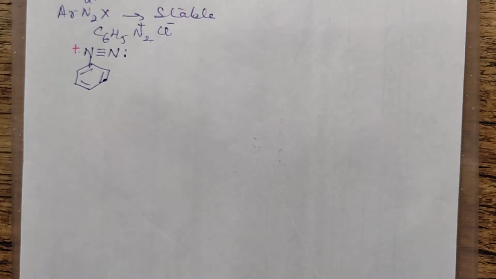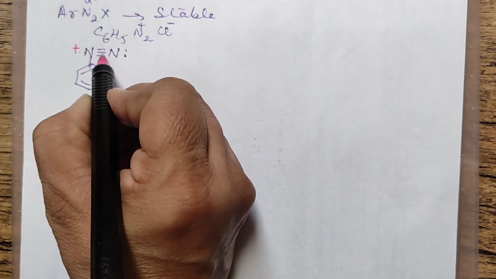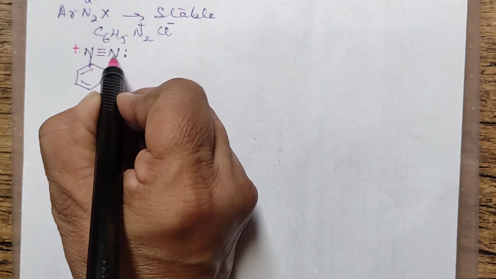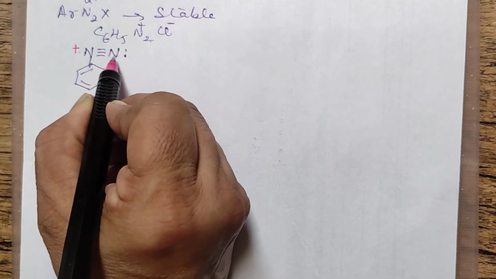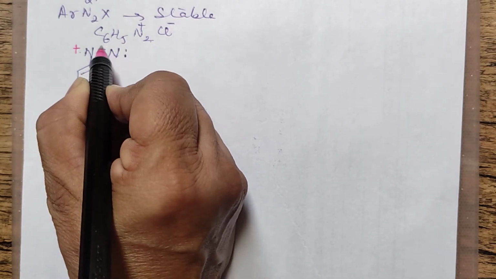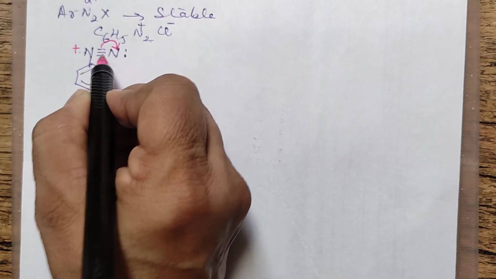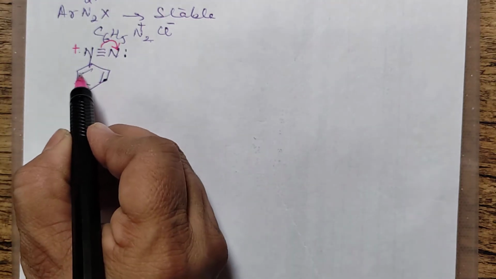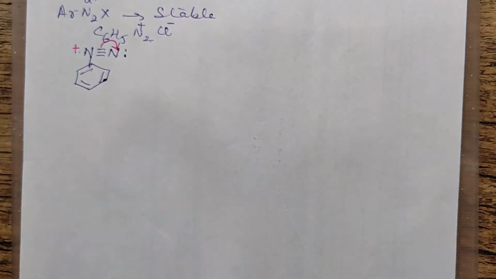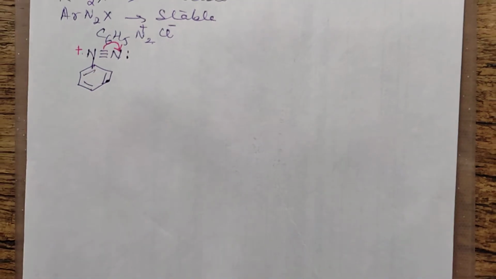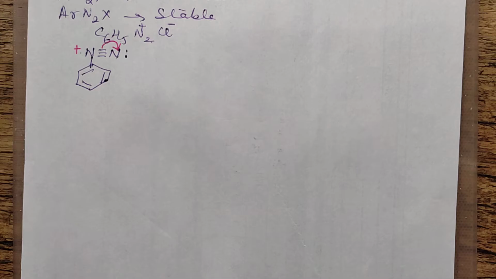Now, when this is positive, this particular nitrogen atom, that is the end one, will have a tendency to take the electrons this side, because there is resonance involved in it. So this pi bond and this pi bond are in conjugation. When they are in conjugation, there can be resonance in it.